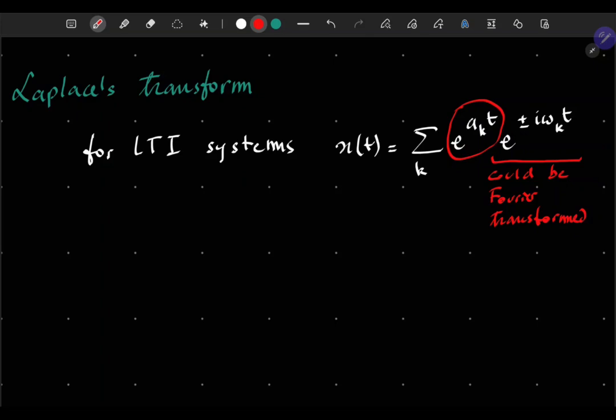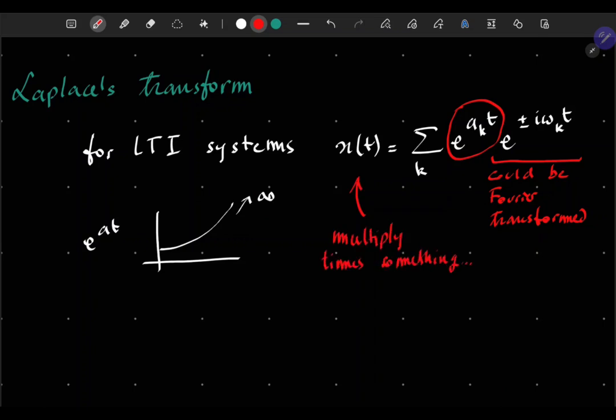In particular, we see it immediately if a_k is positive, a growing exponential. The function will definitely not go to 0 for t that goes to infinity. So we can't Fourier transform this term. So one possibility would be to multiply x times some regularizing function, which helps us deal with this term.